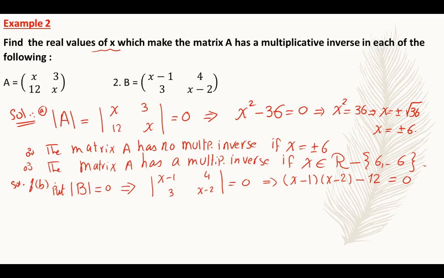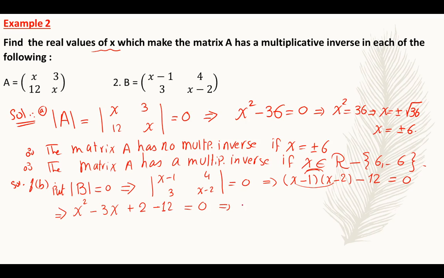First we are going to multiply the two brackets together. x times x will be x power of 2, and negative 1 times x will be negative x, and we have x times negative 2 will be negative 2x, so their sum will be negative 3x. And we will multiply negative 1 times negative 2, which will be equal to 2, and this minus 12, all of this equals 0.